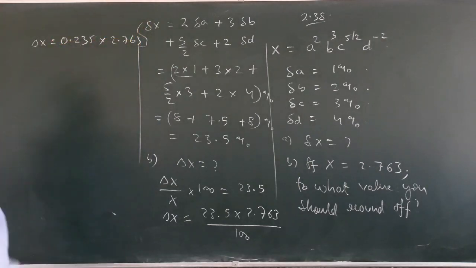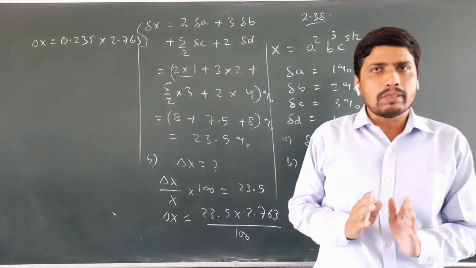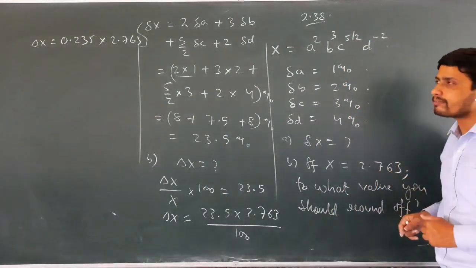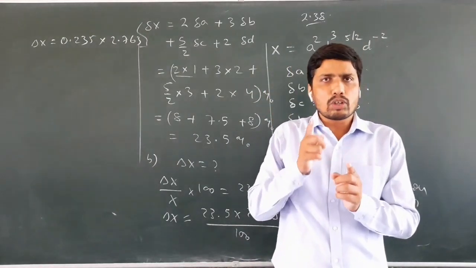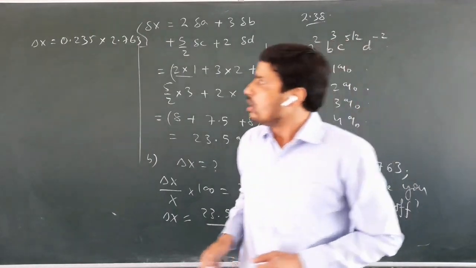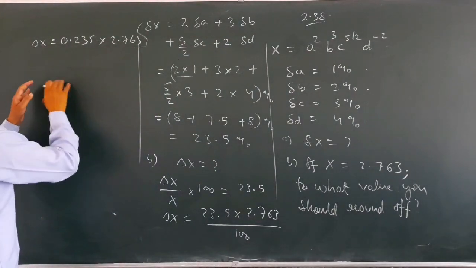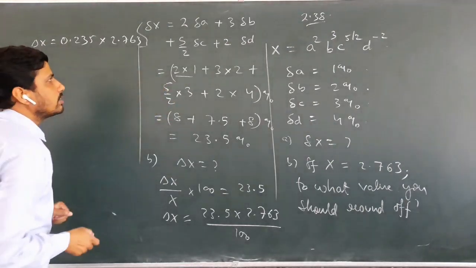Now don't bother about this calculation because they have not asked us to find delta x. Our main purpose is to find the number of digits to which you should round it off. For that you have to see where the error for the first time creeps in. So you need not calculate this exactly. If you wish, you can calculate it. You will get 0, then 2, 3, 4, something like that.